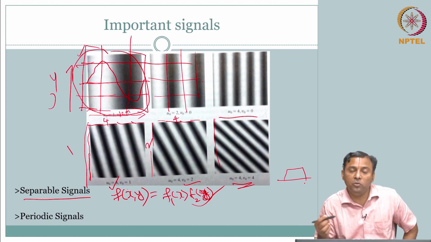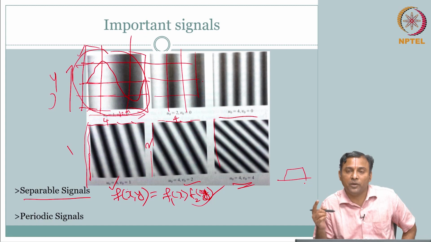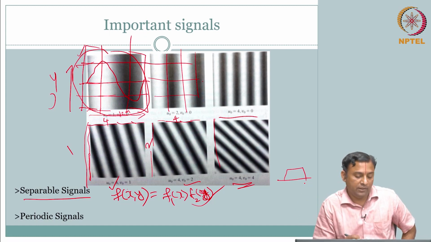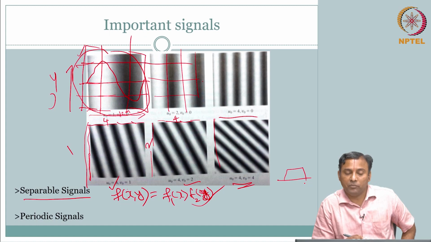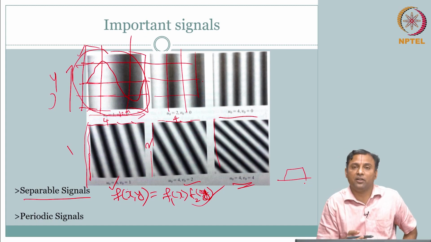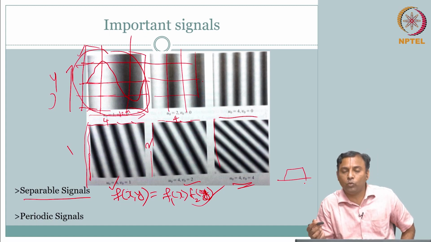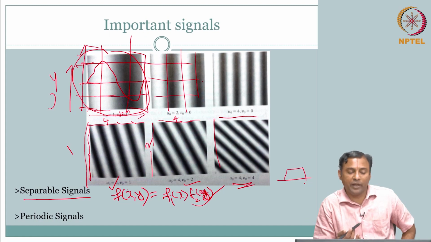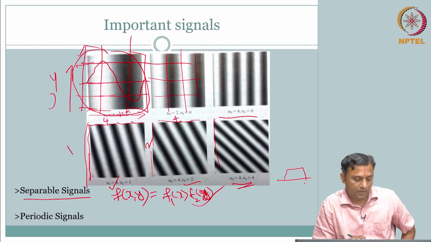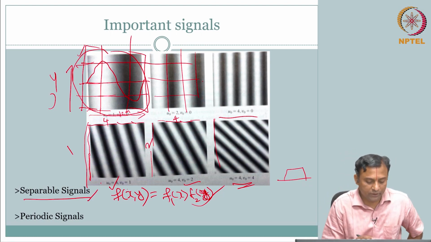So I could have two one dimensional signals, one with the length side and the other with the breadth side. So the rectangular function can be separated. What is the other function? The sinc function. If I know how to work with the sinc function in one dimension, I would rather break the two dimensional sinc function into two one dimensional sinc functions and work with them. So those are separable functions.